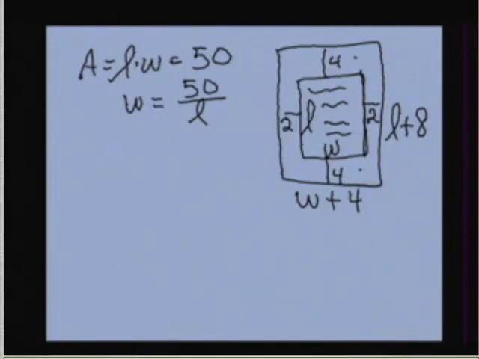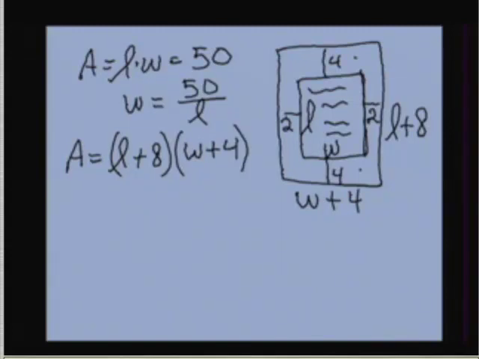Then what I know is for the whole poster, my area is the full length, which we said was L plus 8, times the full width, which is W plus 4. I want to make a substitution of 50 over L for W so that I have this equation in one variable.